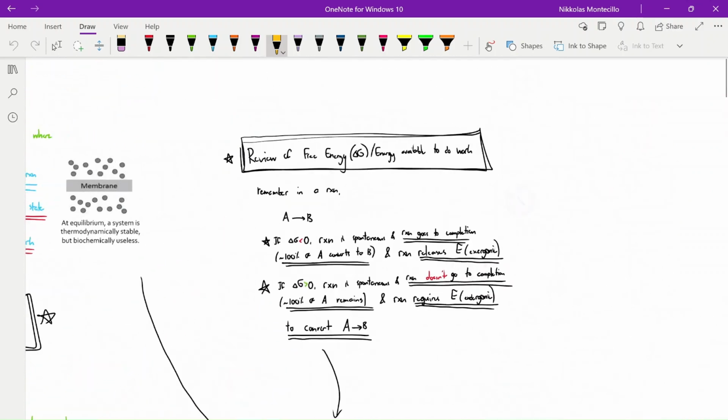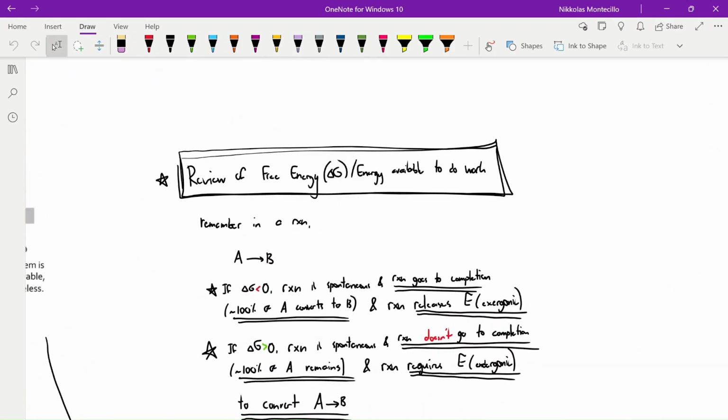So, I just want to take a second to review free energy, or the change in free energy, or the energy available to do work. So remember that in a reaction, if Gibbs free energy is less than 0, the reaction is spontaneous and the reaction goes to completion, where 100% of A converts to B, and the reaction releases energy, and therefore we call this reaction exergonic.